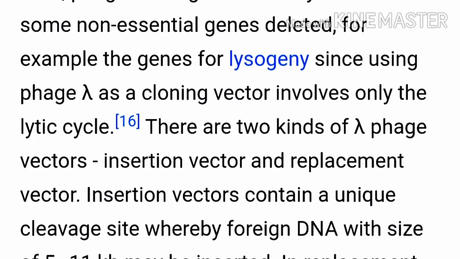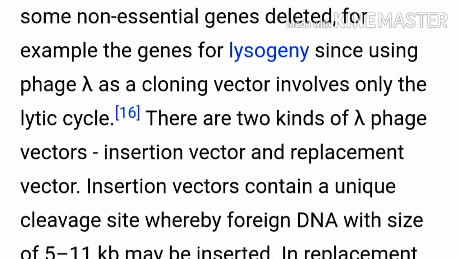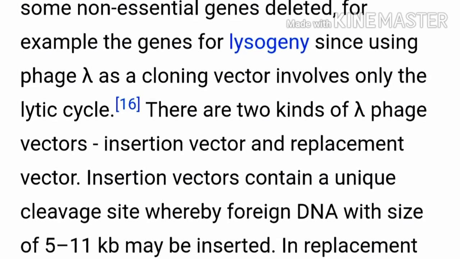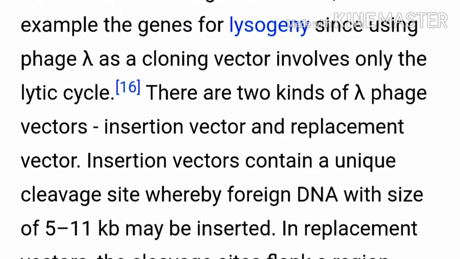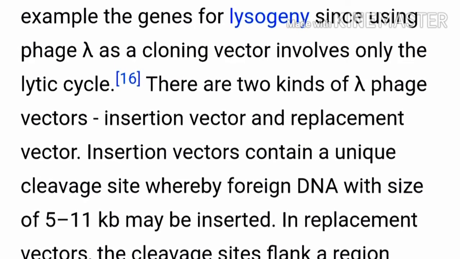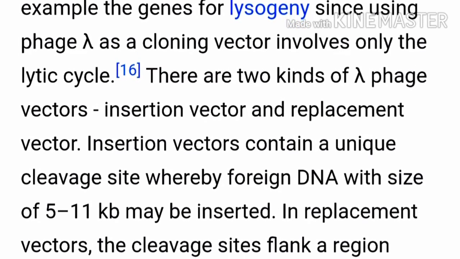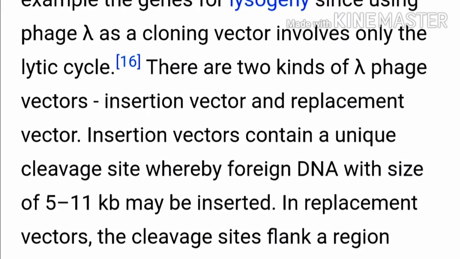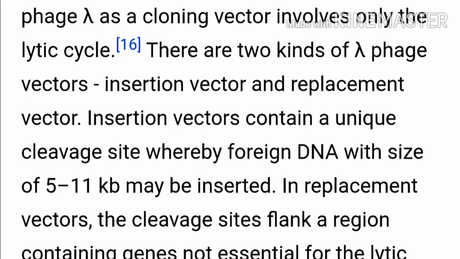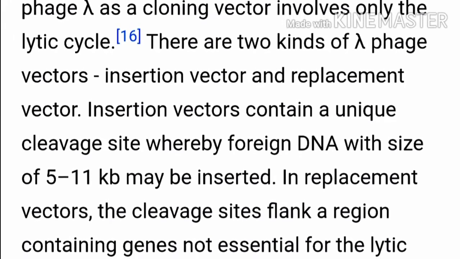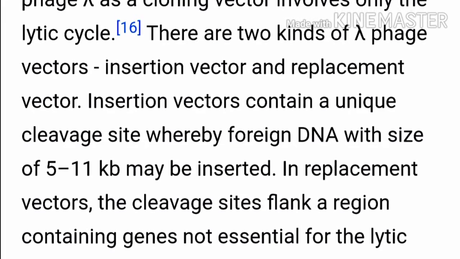cycle. There are two kinds of lambda phage vector: insertion vector and replacement vector. Insertion vectors contain a unique cleavage site whereby foreign DNA with a size of 5 to 11 kb may be inserted.